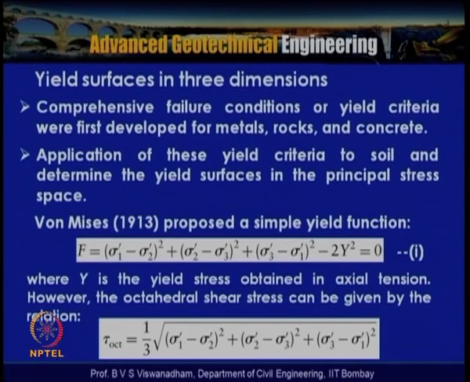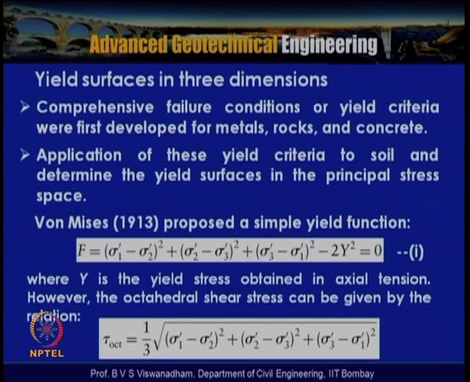Von Mises in 1913 proposed a simple yield function, f = (σ1' − σ2')² + (σ2' − σ3')² + (σ3' − σ1')² − 2Y² = 0. Let us call this equation 1, where Y is the yield stress obtained in axial tension.